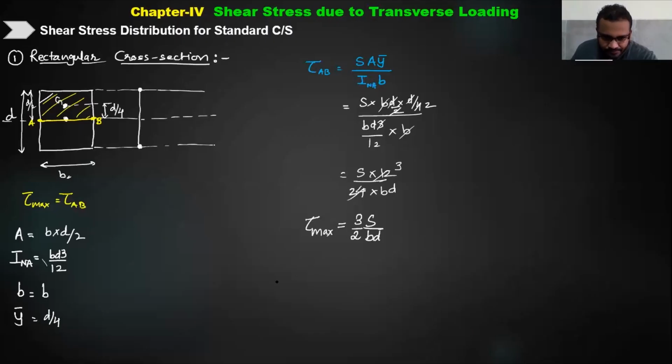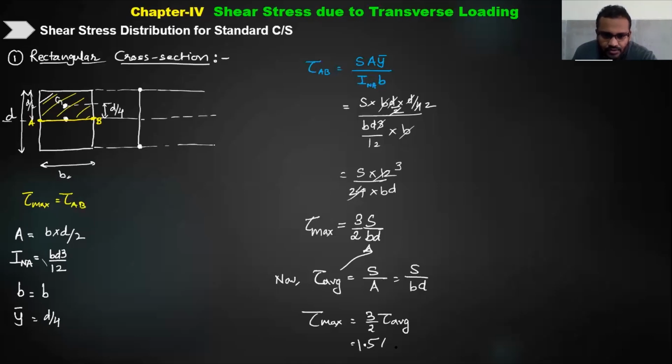Now see here, if I want to find out the average shear stress, the average shear stress will be the shear force upon the cross section area, right? So shear force is S and cross section area is simply entire cross section B into D. So if I substitute, my tau maximum in rectangular cross section will be 3/2 times the average value, or simply 1.5 times the average value.